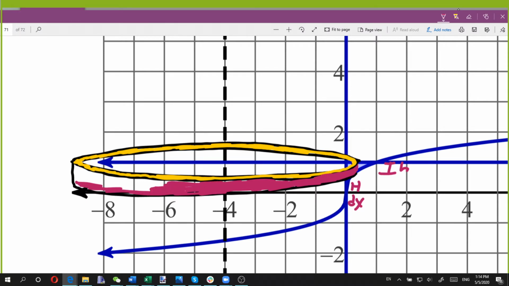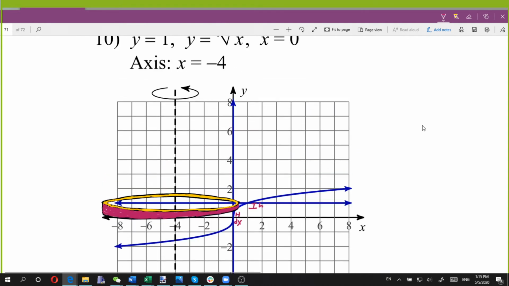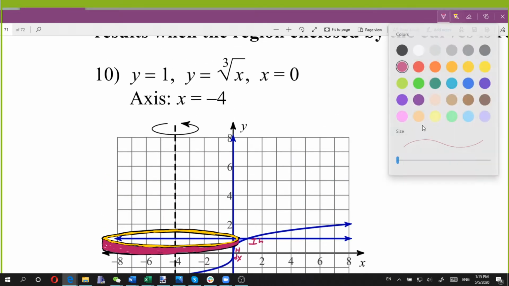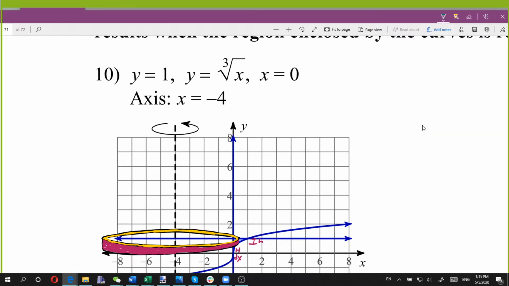Okay, so while I'm drawing, I'm going to jump down to Aileen next. Aileen, what would the height be for this cylinder? Let me zoom out a bit so we can get our equations too. One minus the cubed root of x.